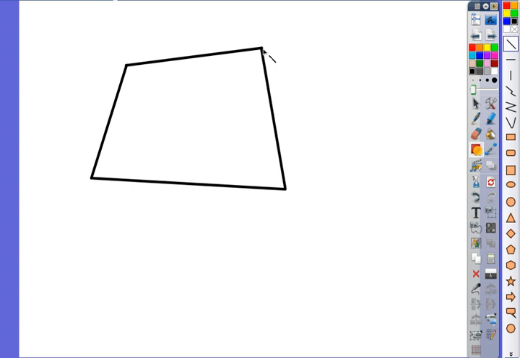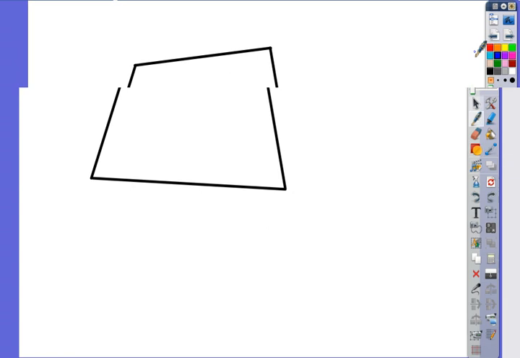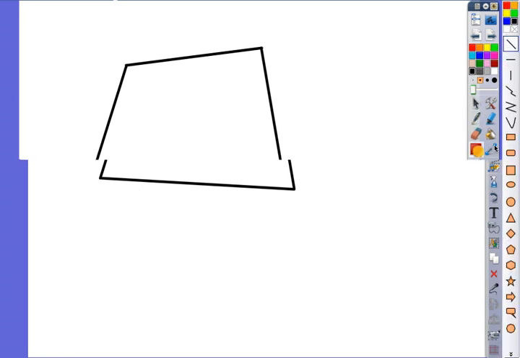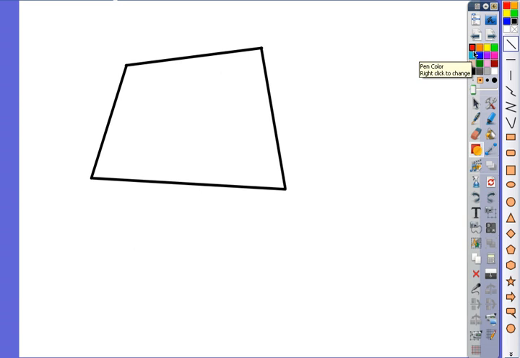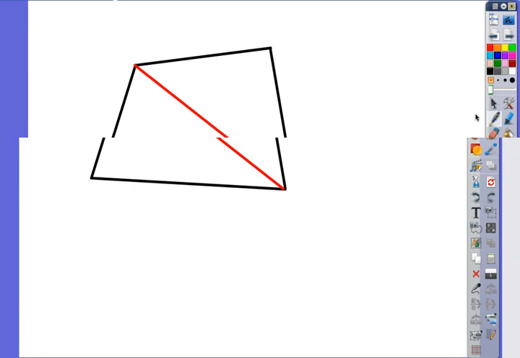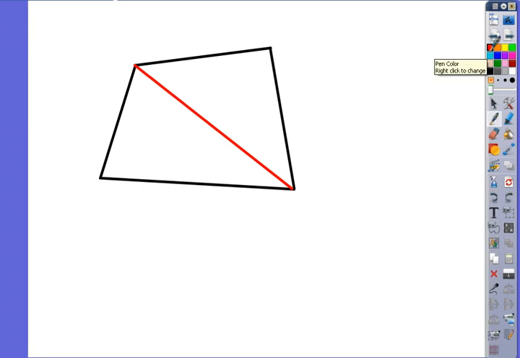Okay, so what if we join these two points with a diagonal. Okay, and let's take the midpoint of all the sides of the quadrilateral. Now we learned something way back when, a property of triangles.